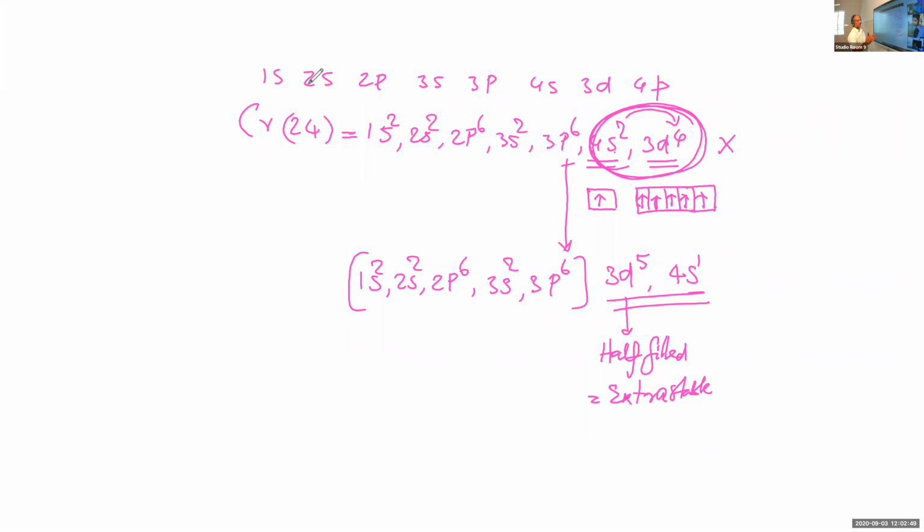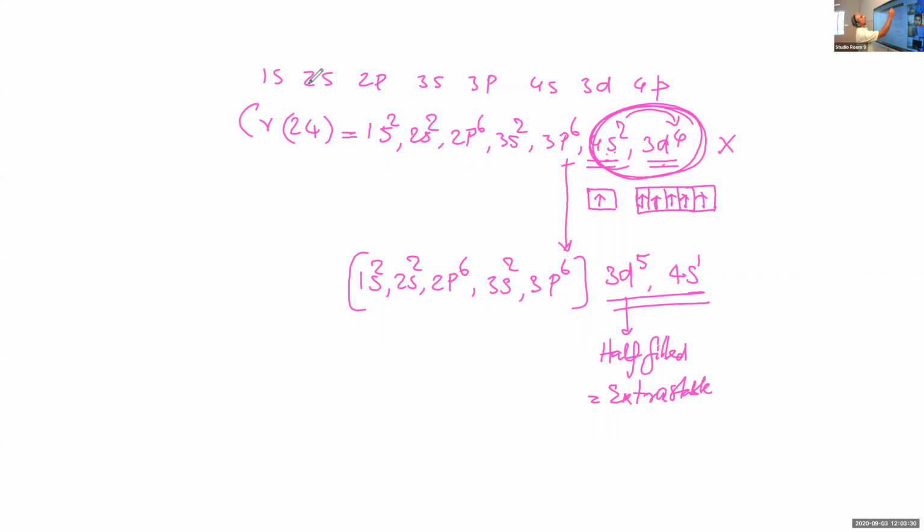You can write both ways, but this is the better way because 3d is an inner orbital. It is not 3d4 4s2, but it is 4s1 3d5. The 3d level is half filled and it is extra stable.